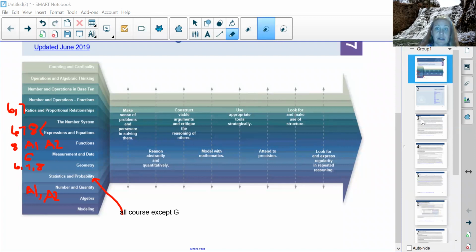Every couple years, things slightly change. Sometimes we end up with a very radical change, like what happened with Common Core, where things changed very radically in a short period of time. So this is just constantly changing and evolving.